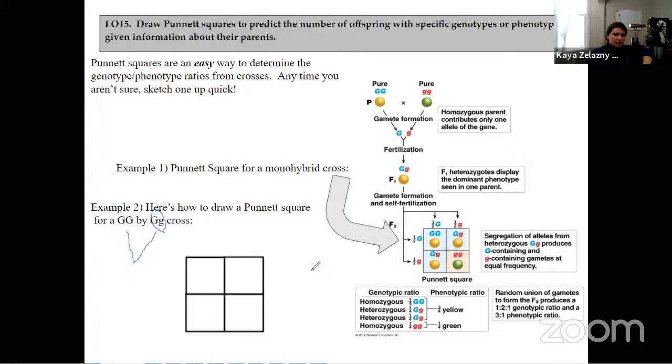We would be able to tell that apart from what happens if you cross, for example, two heterozygotes. When we cross two heterozygotes, we get this 1 to 2 to 1 ratio of homozygous dominant to heterozygous to homozygous recessive.